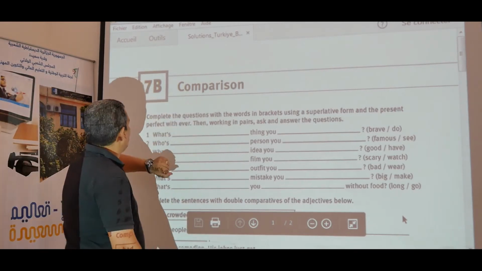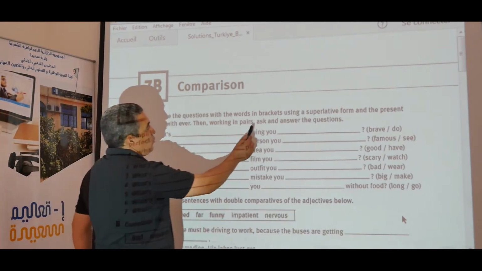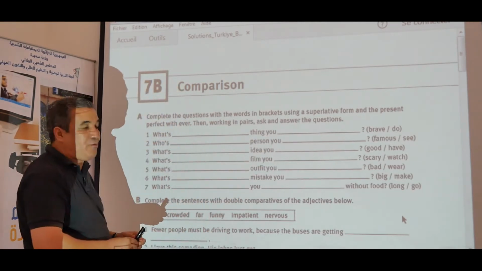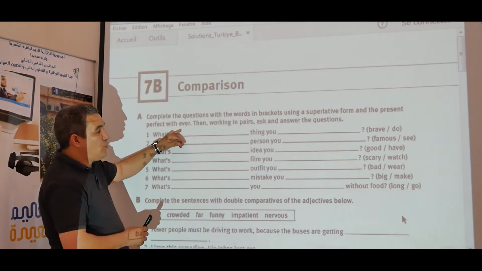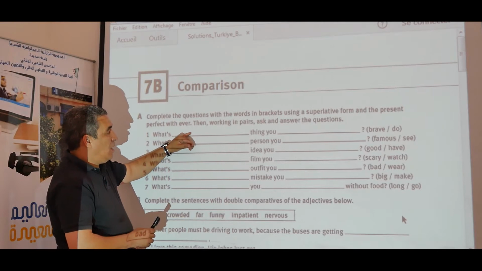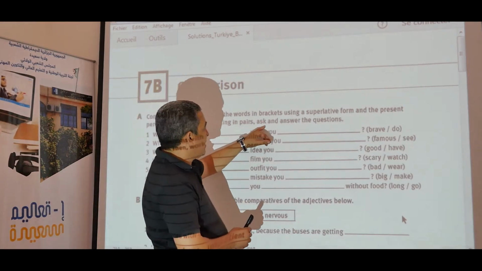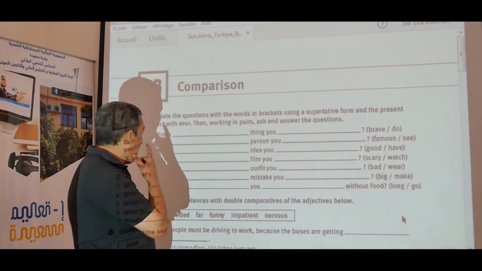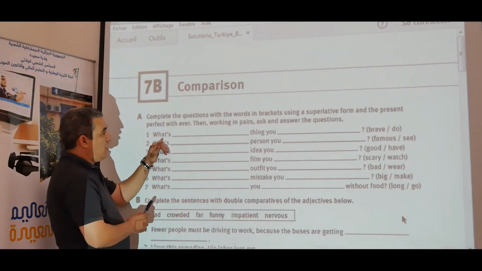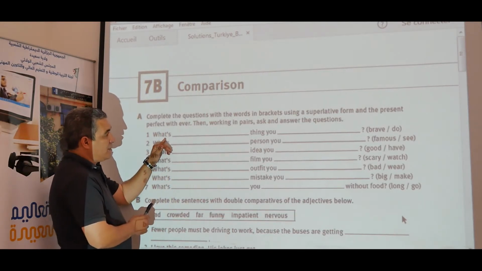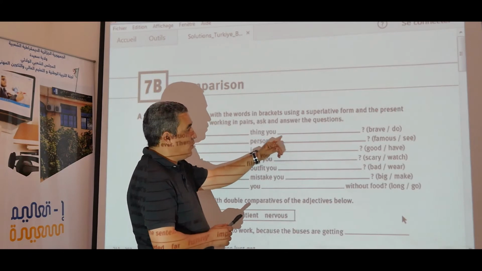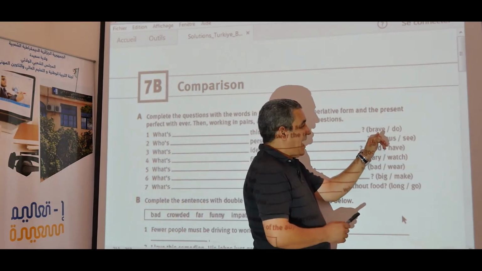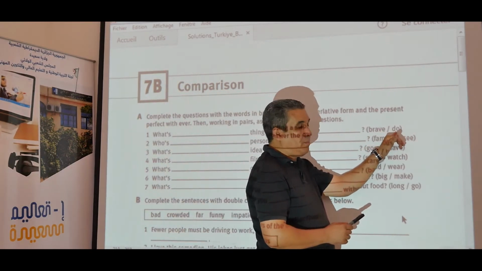Comparison. Complete the questions with the words in brackets using a superlative form and present perfect with ever. Then, working in pairs, ask and answer the questions. Now, we've got questions. We've got the adjective brave and the verb do.